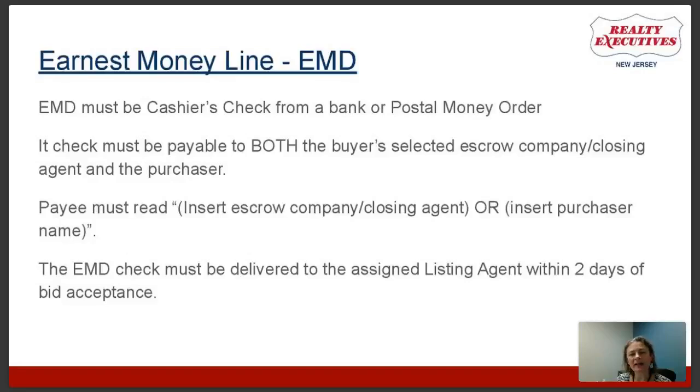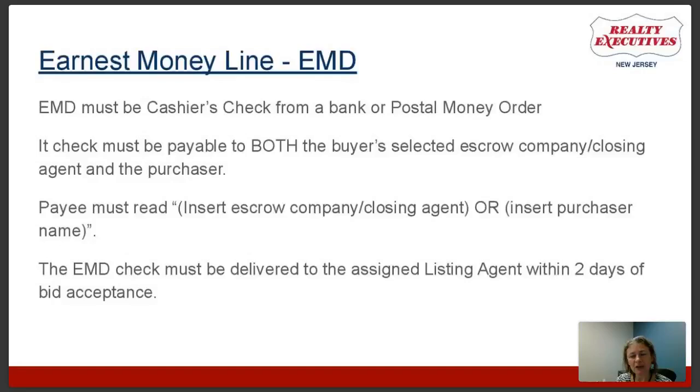The reason for that is that if the offer is not accepted or it is rejected after the contract was submitted, the check will go back to the buyer and they will be able to reissue or get their money back from the bank. The payee must read the name of the company, that is the closing agent.